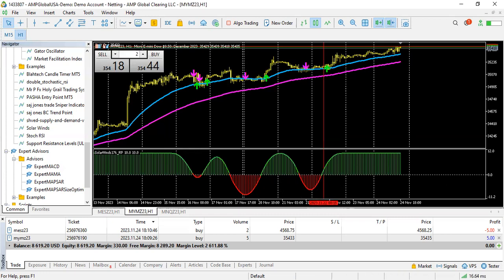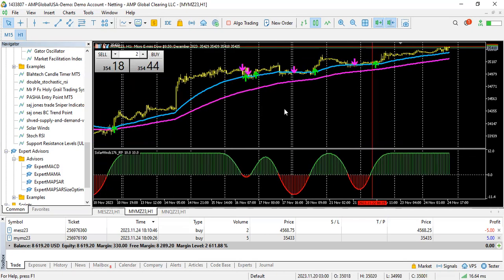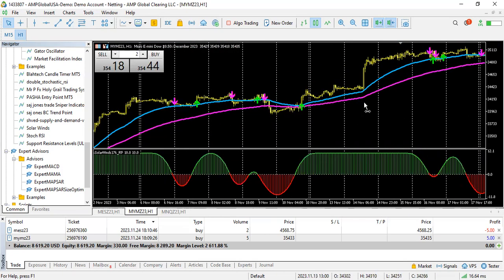Now, as you can see, we have a zero point line here, and if the solar wind joy is above the zero point, we go into buys. If it's below the zero point, we go into sells. It's kind of like using the stochastic oscillator. This is how I find my trades.